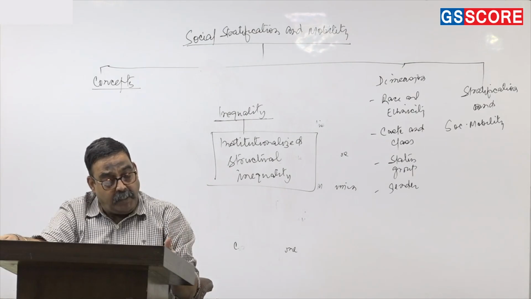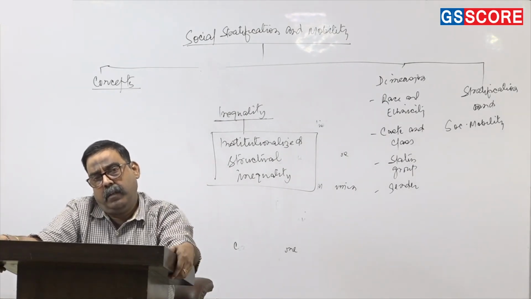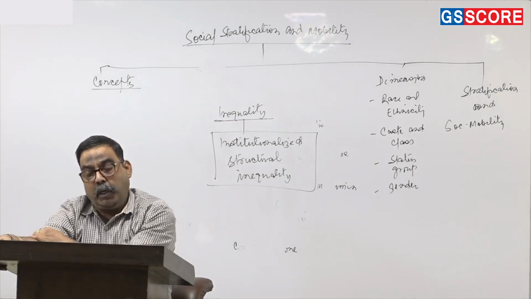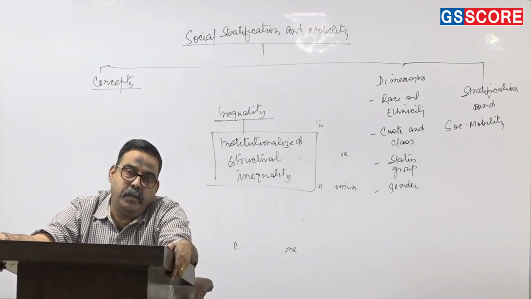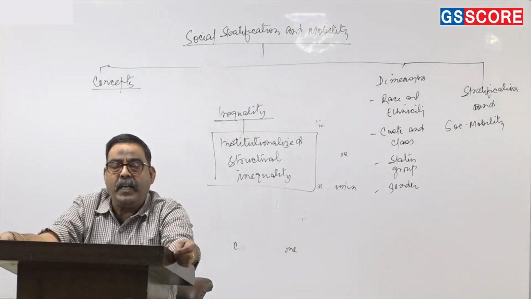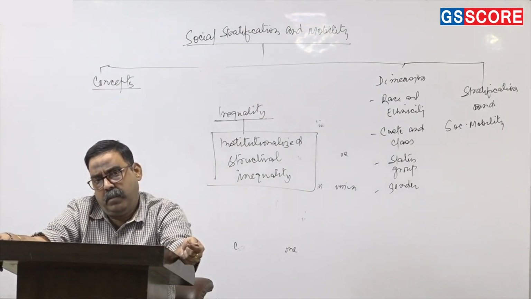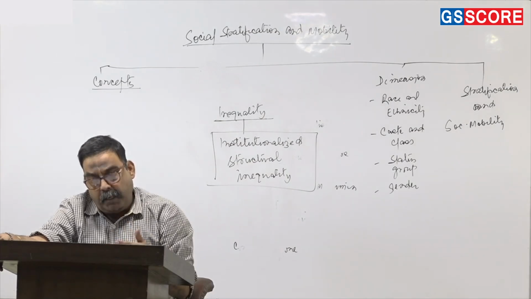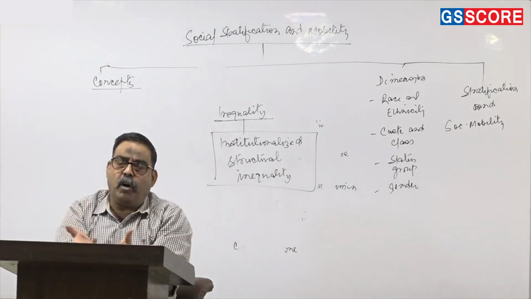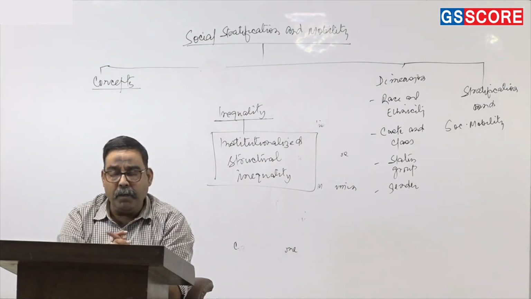And when you say that the most talented one is matched with the most important position of the society, then Tumin has a certain objection. When you make such a sweeping generalization, has the entire range of talent which is available in society been pulled? Has that been found? Once you make the sentence that the most talented one is matched with the most important position, has the entire pool of talent been found?